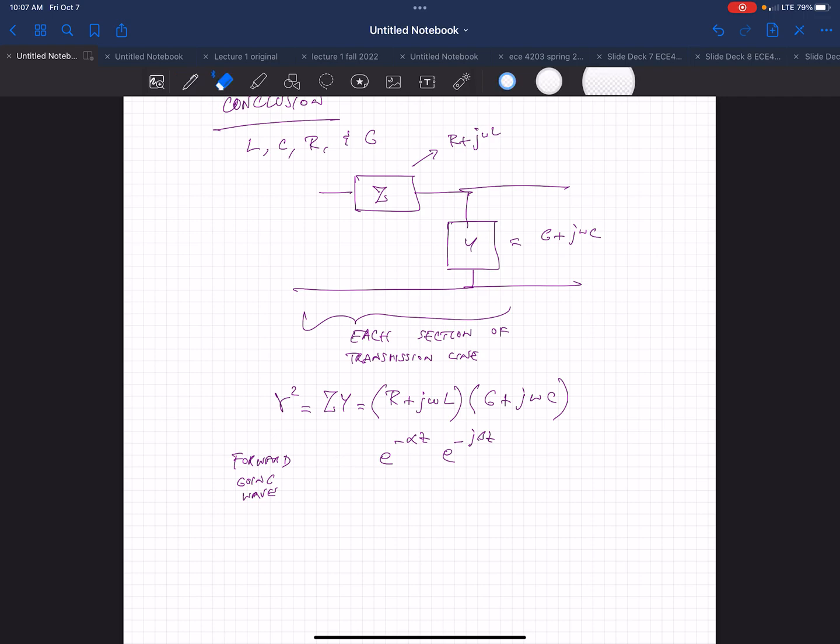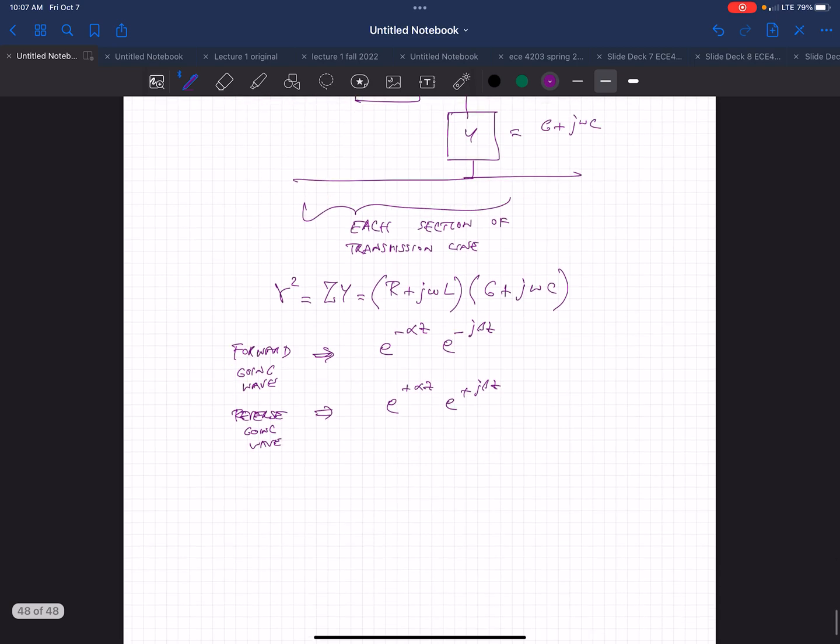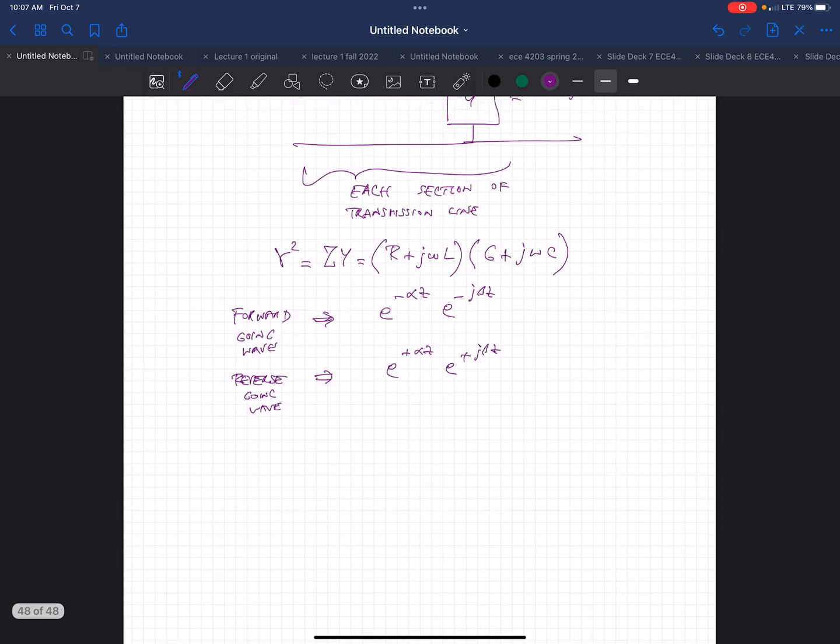Let me get rid of this alpha, it's going to confuse us with the alphas. So the reverse going wave is going to have a form of e to the plus alpha z, e to the plus j beta z. And 1 over alpha is called the attenuation length.